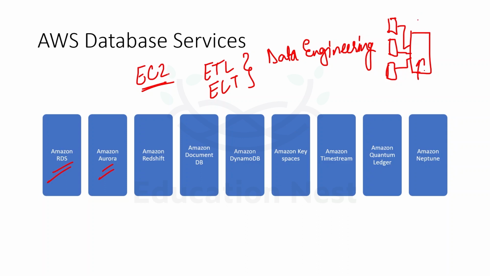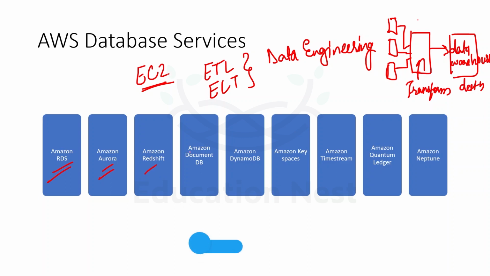You would be applying some kind of transformations. After these transformations are applied, you would finally be storing the data into one destination, and that destination is the data warehouse. It would be storing all our structured data, right? So Redshift is a service for data warehousing on AWS.